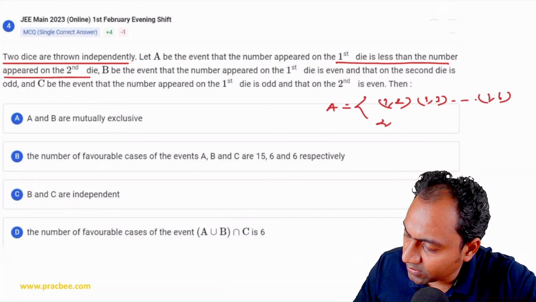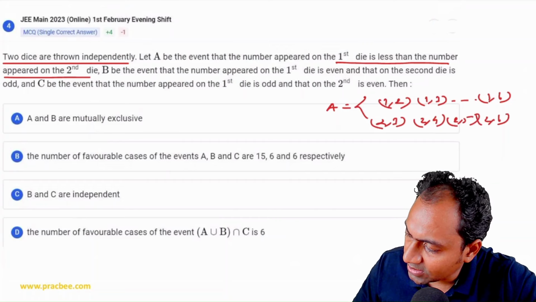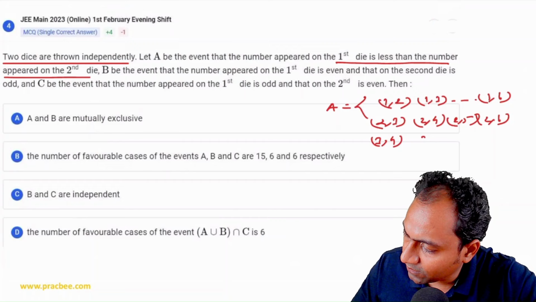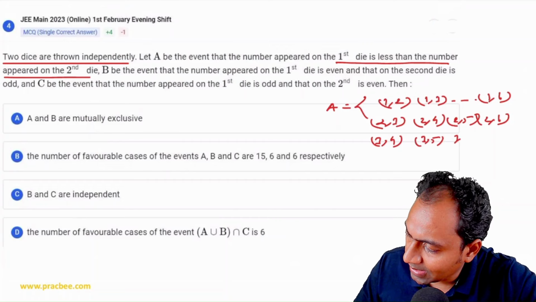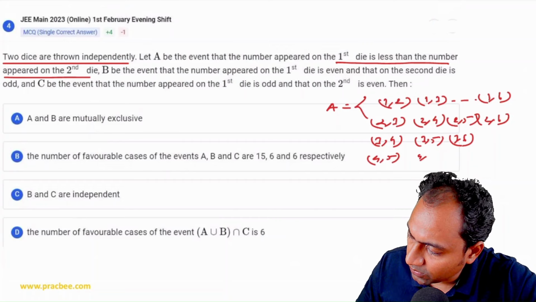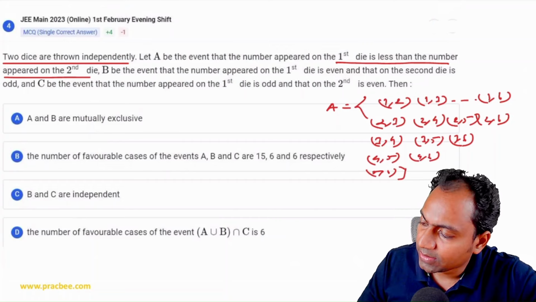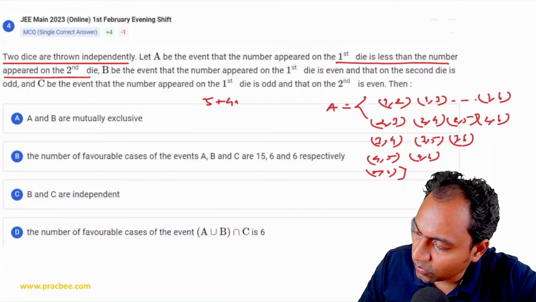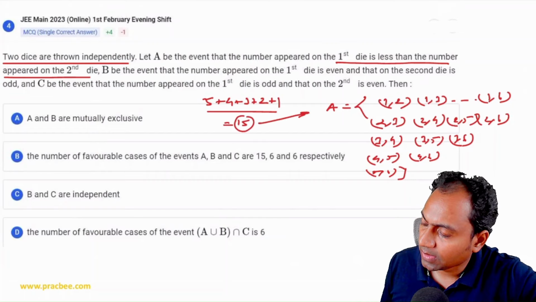Then if I start with 2, then 2, 3, 2, 4, 2, 5 and 2, 6. And if I start with 3, then 3, 4, 3, 5 and 3, 6, and ultimately 4, 5, 4, 6 and 5, 6. So you can see that there are 5 plus 4 plus 3 plus 2 plus 1, total 15 elements in set A.